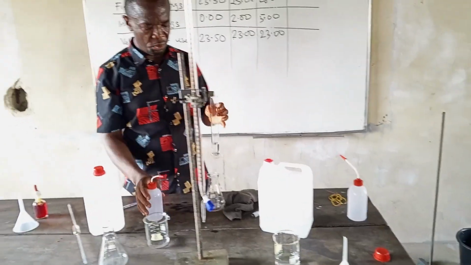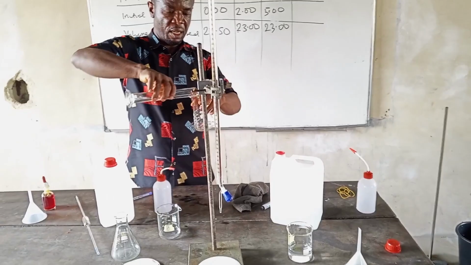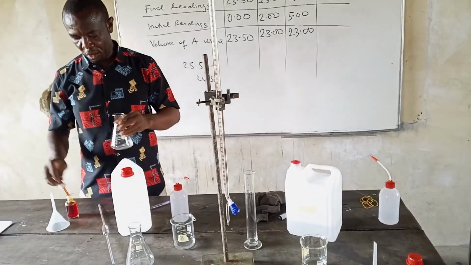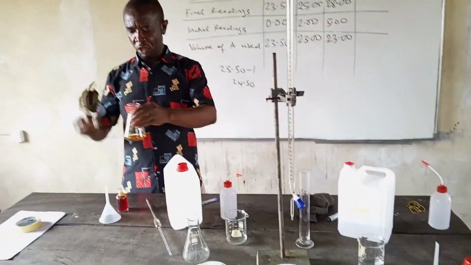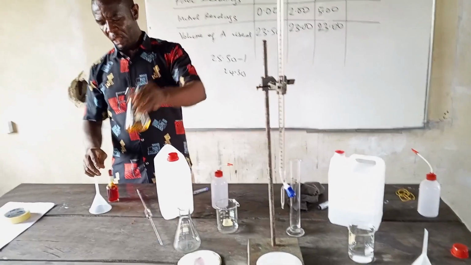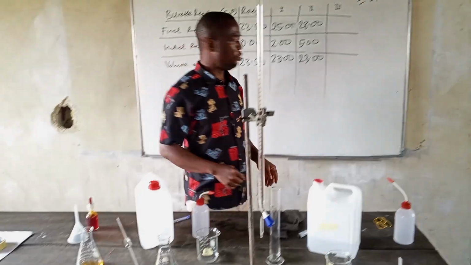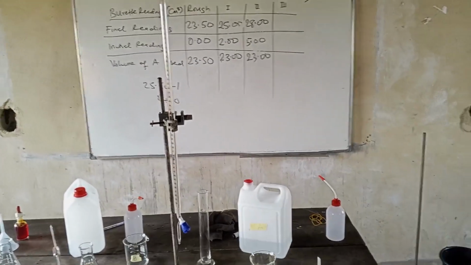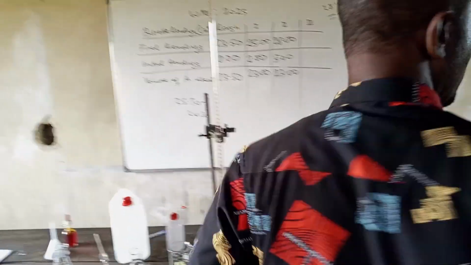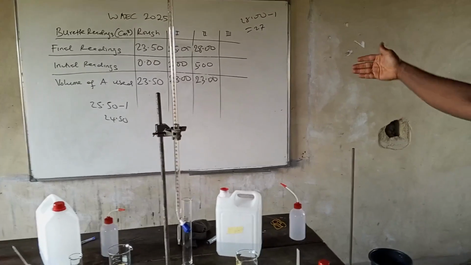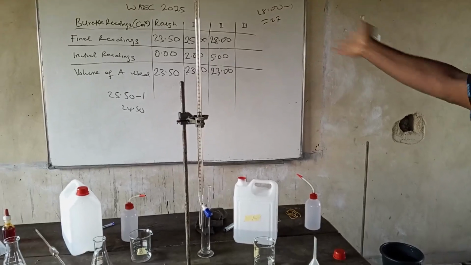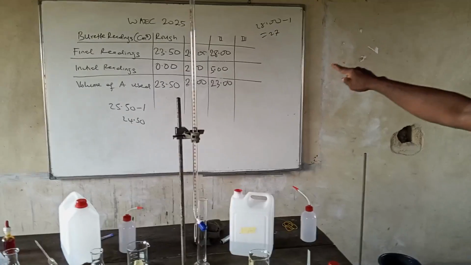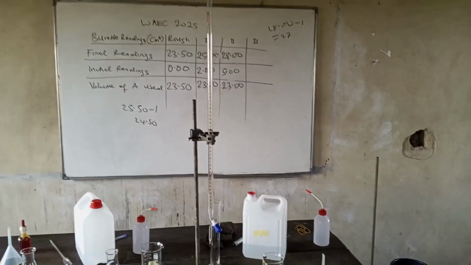The 5 cm cube, you pour it inside. And then you collect the indicator, add 2 drops, that's enough. Then I'm going to add more acid to increase the volume. I started from 5. I can use any other whole number, I can use 7, I can use 8, I can use 5, I can still go back to 1. But avoid using 0.00 as initial all through. It looks like pure manipulation.